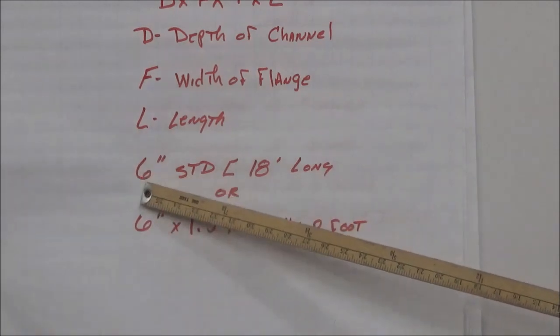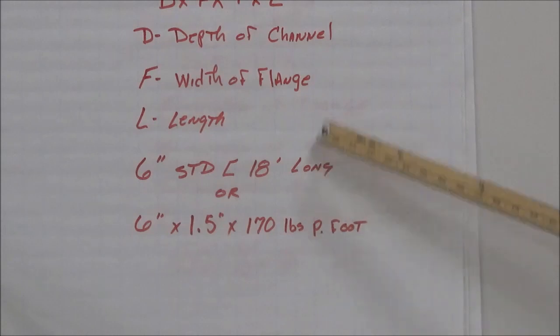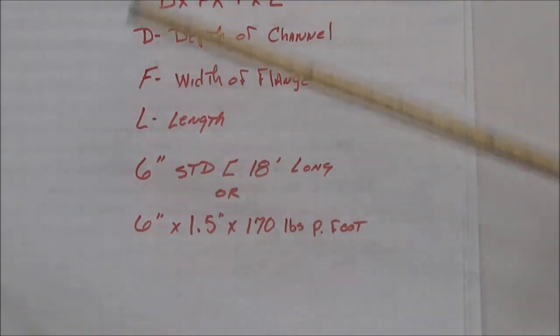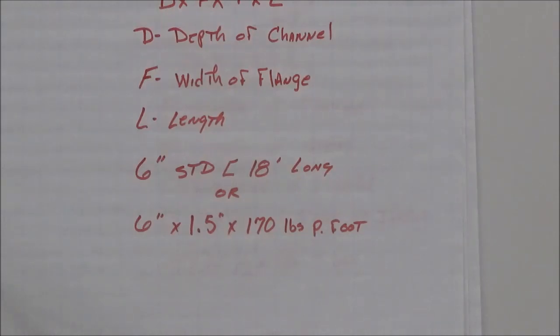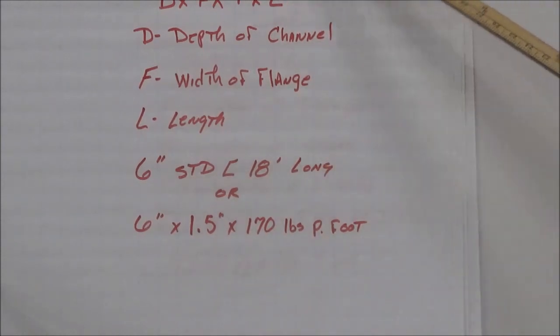I want a 6-inch standard channel, 18 feet long. That means the distance between here and here is going to be 6 inches. And you're going to find that channel iron comes pretty much standard if you order it. If you order this in 8 inches, this is going to come pretty standard.